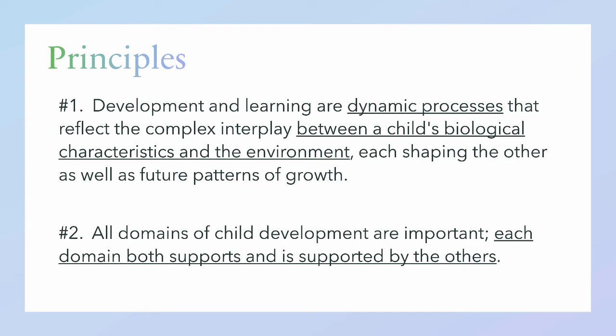Number one, development and learning are dynamic processes that reflect the complex interplay between a child's biological characteristics and the environment. It's that bleeding together of milestones and context. Number two, all domains of child development are important, and each domain supports and is supported by the others.